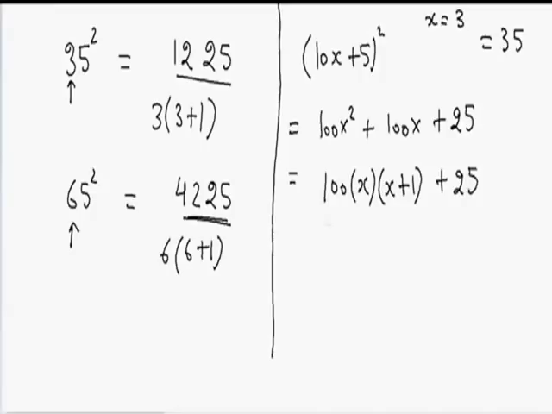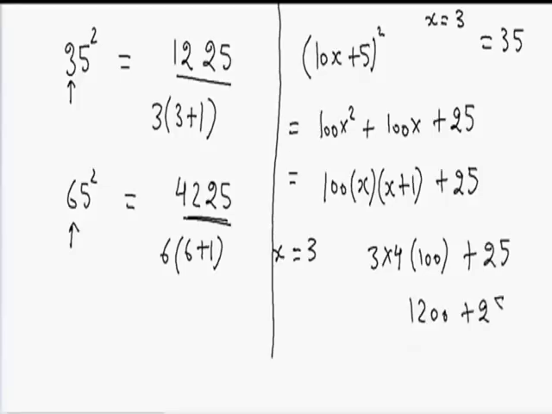As you can see, we are taking the first digit, multiplying it by the next number, multiplying by 100, and then adding 25. So if x is equal to 3, we'll get 3 into 4 into 100 plus 25. That will give me 1200 plus 25. So we'll get 1225. This is how this trick works.